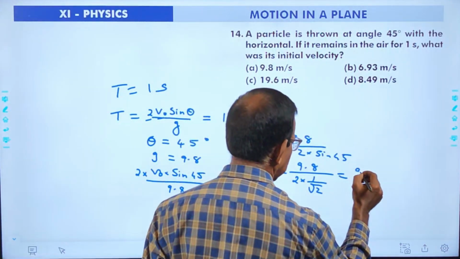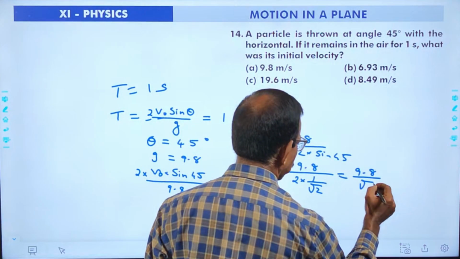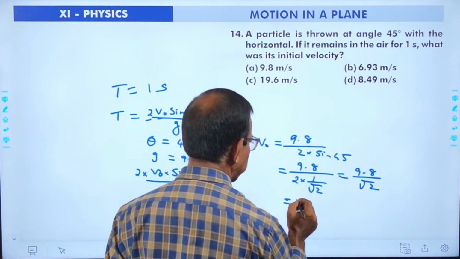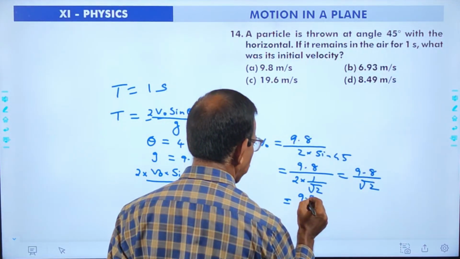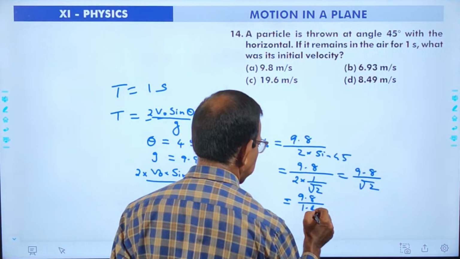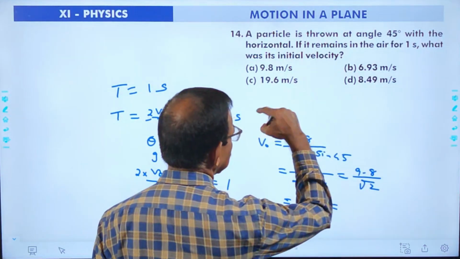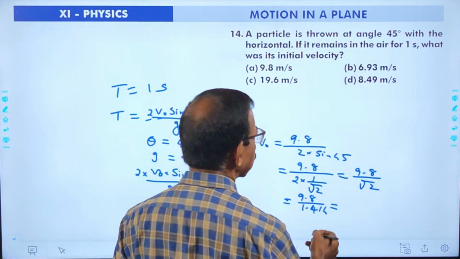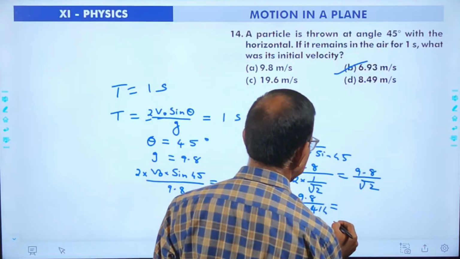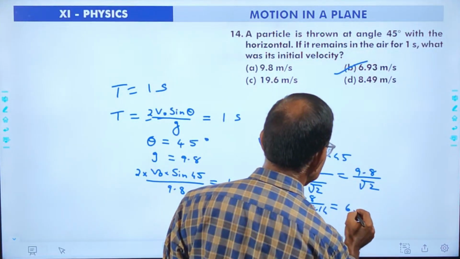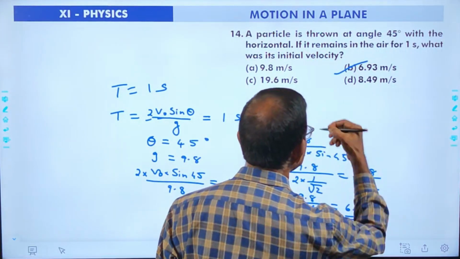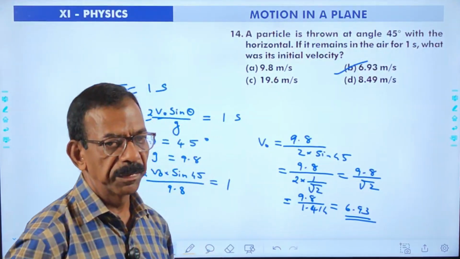That is, we may write 9.8 divided by root 2. The value of root 2 is 1.414. On dividing, 9.8 by 1.414 is 6.93. This is the apt option. The correct answer is option B.